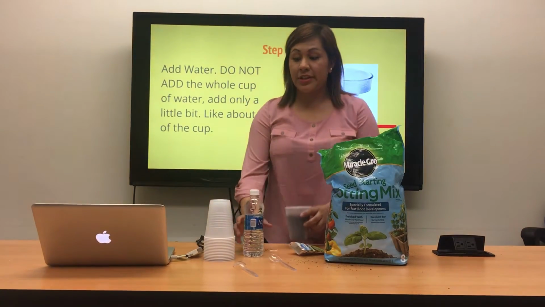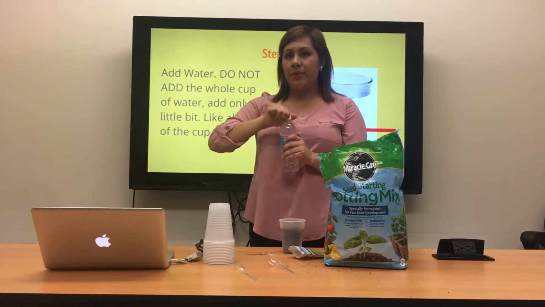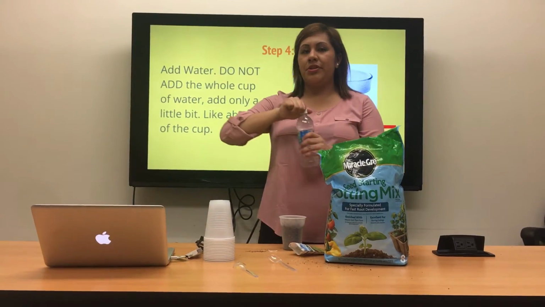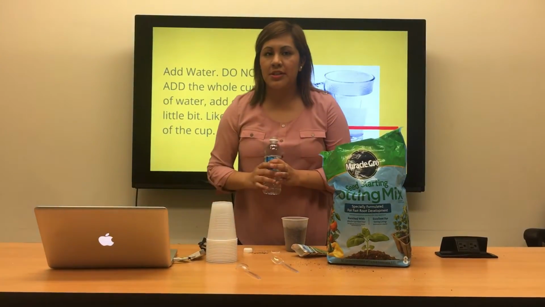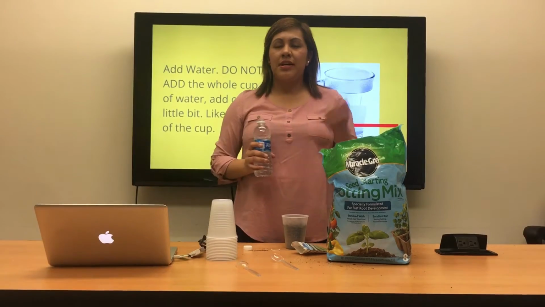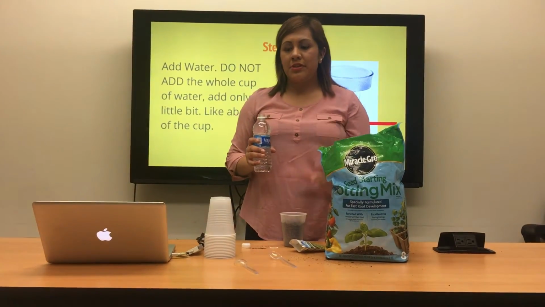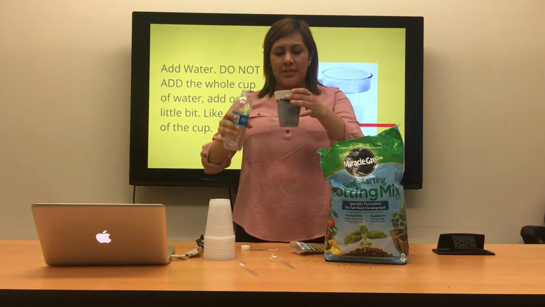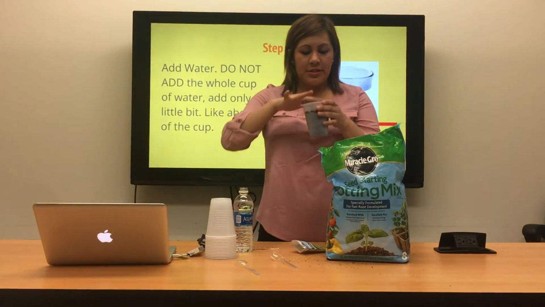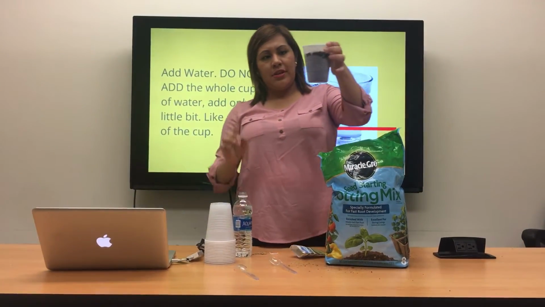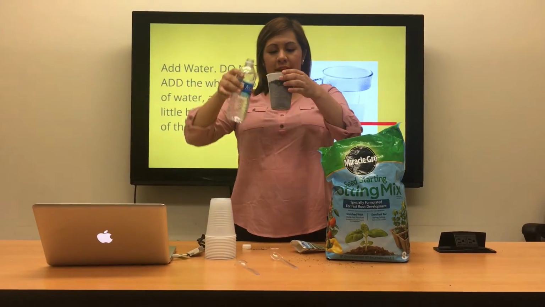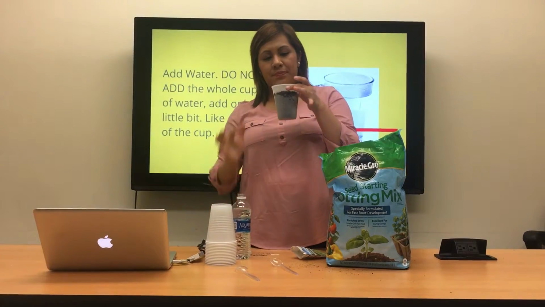Step 4, so now you're going to add water to your cup. I do not want you to throw all of this in there. I just want you to add enough so it's not too dry, but it's not too soggy. So you just want a bit, not a lot. You see how the water is going to be coming down to the beans? But just not a lot.